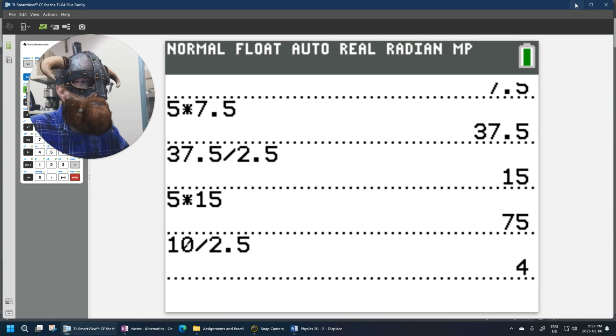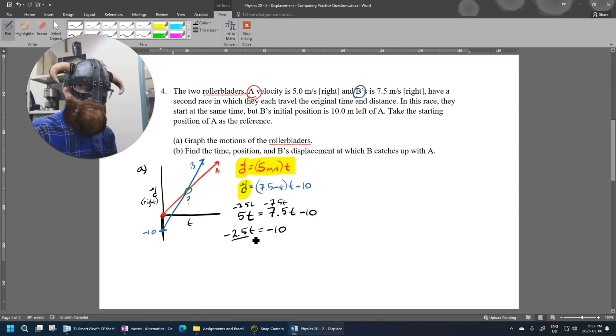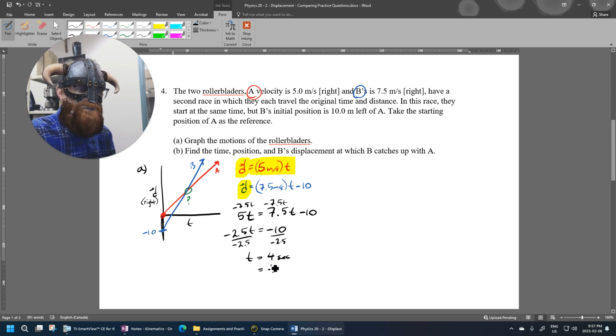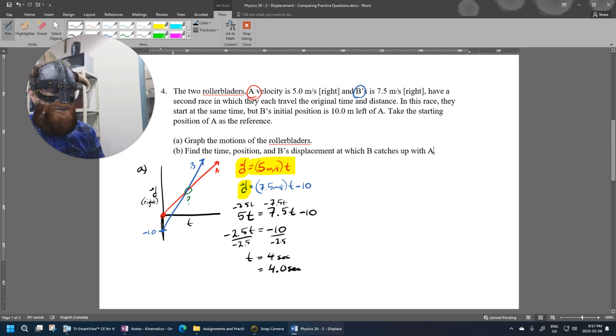You get 4. So that's me taking this and dividing by negative 2.5 on both sides, and we get t is equal to 4 seconds. I should use proper sig digs here. It looks like we should have at least one decimal place, or 2 sig digs. So I'll go 4.0 seconds.